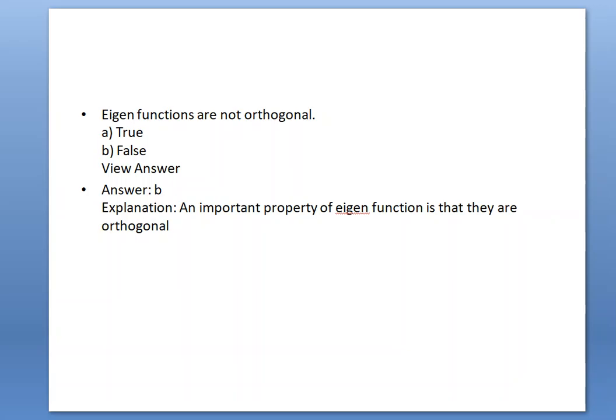Coming to the next bit: eigenfunctions are not orthogonal. True or false? The answer is false. Why is it false? An important property of eigenfunctions is that they are orthogonal. Eigenfunctions must be orthogonal.